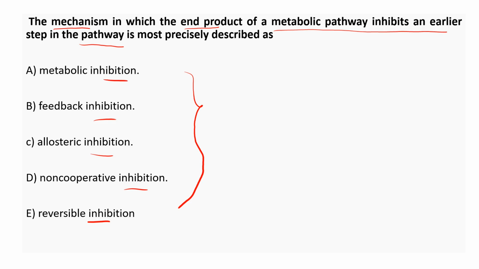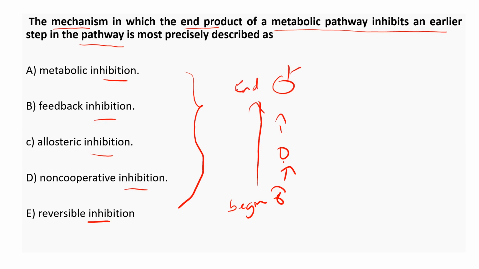However, the key component is that the end product, so you have many enzymes, here is the beginning of the pathway, and they go all the way here, and at the end, the product produced here will inhibit this pathway. So this is feedback inhibition. The other ones are wrong.